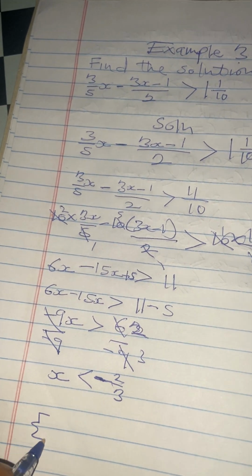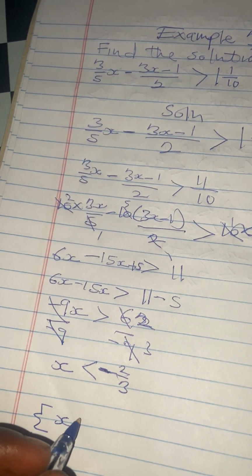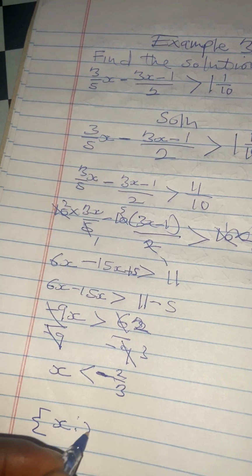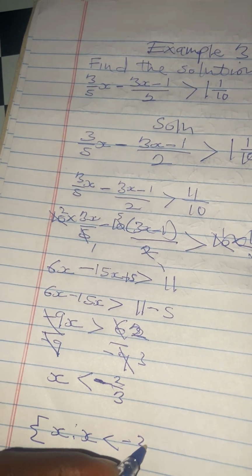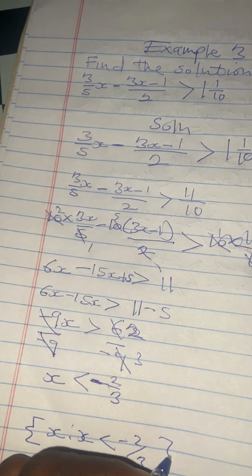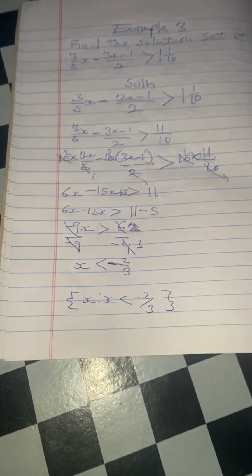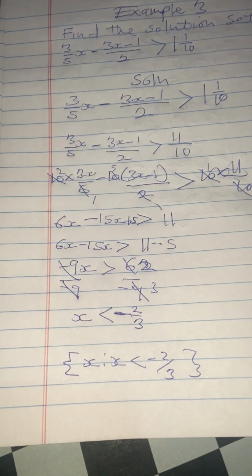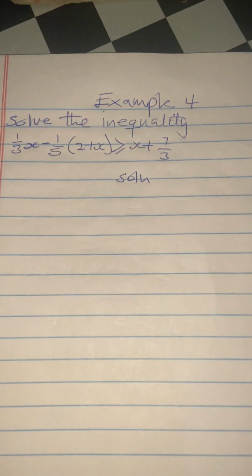So now you have the set form. x is such that x is less than negative 2 over 3. So that's the final answer for example 3.